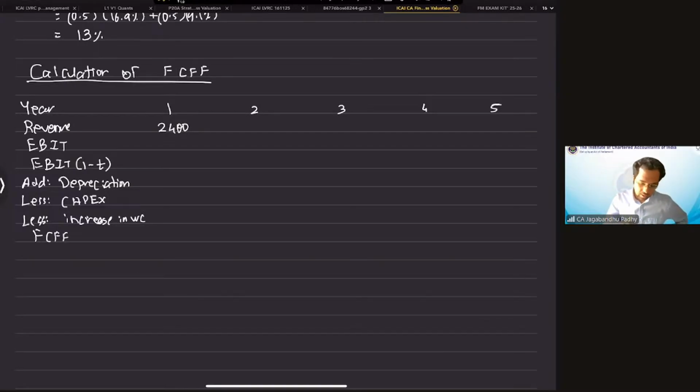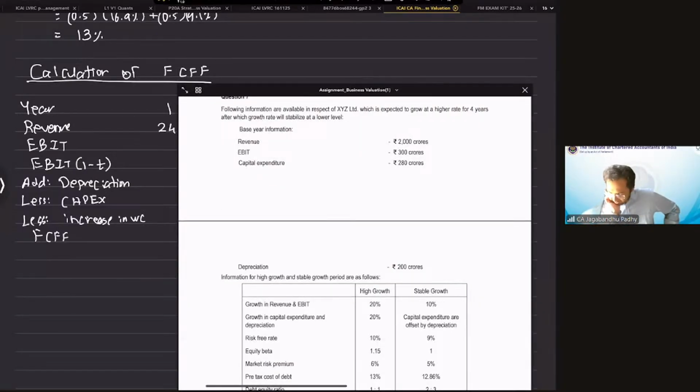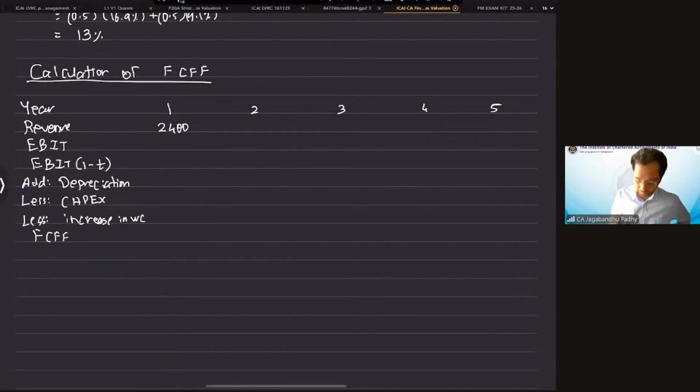And what about the EBIT? EBIT is 300. They're saying revenue and EBIT both are going to increase by 20%, so this is also 360.